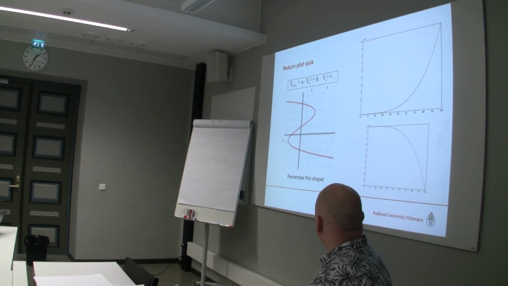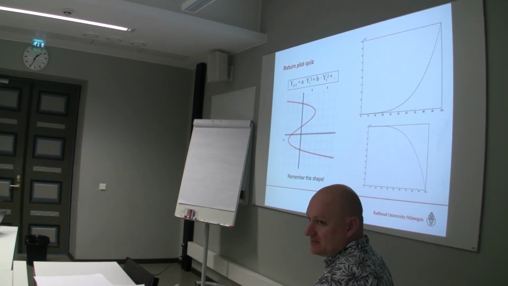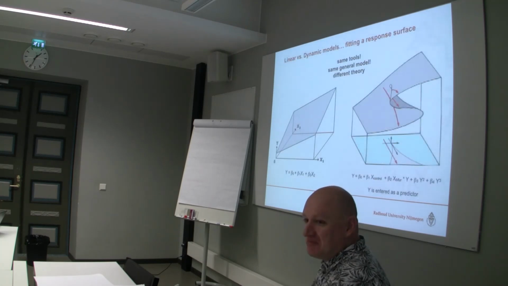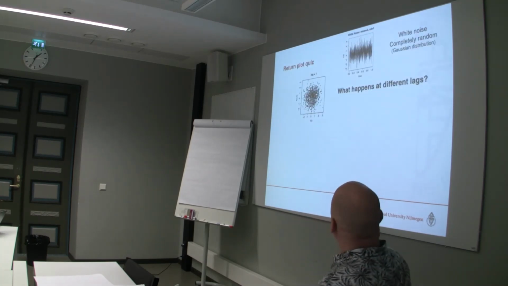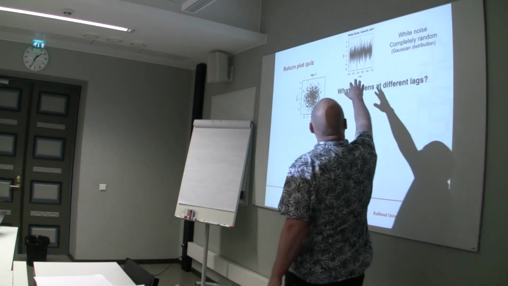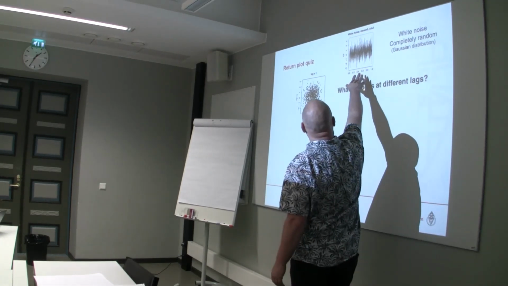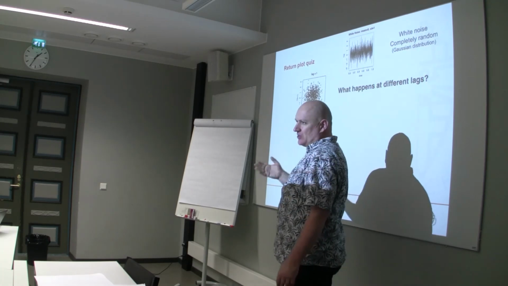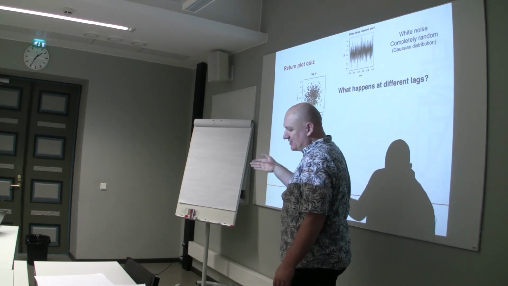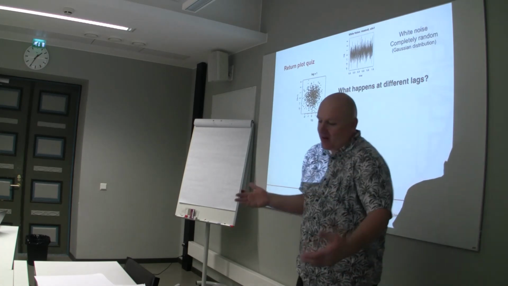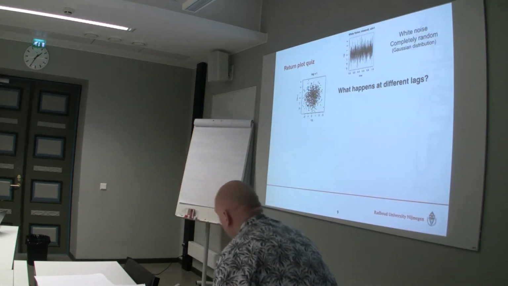So what if your data is so noisy that you just see a shotgun blast when you plot the return plot? Then you have noisy data. So, for instance, what would happen if you had white noise? Here the change rule is that at the next point in time, I just draw a random number from the normal distribution.